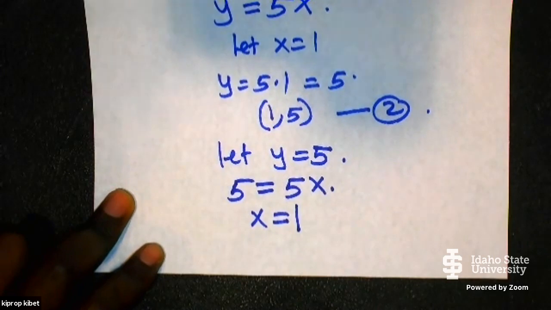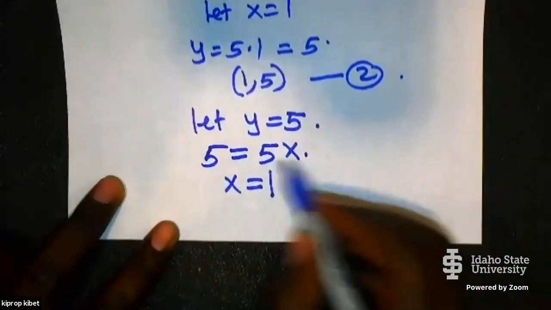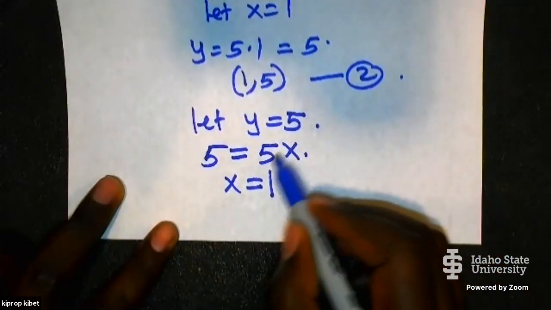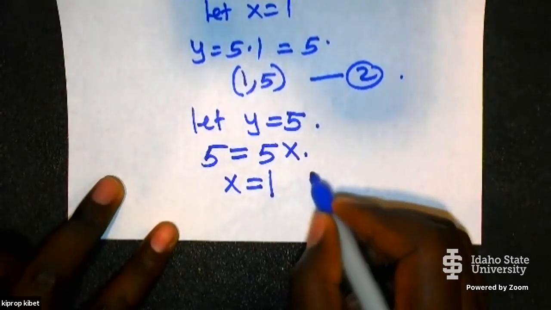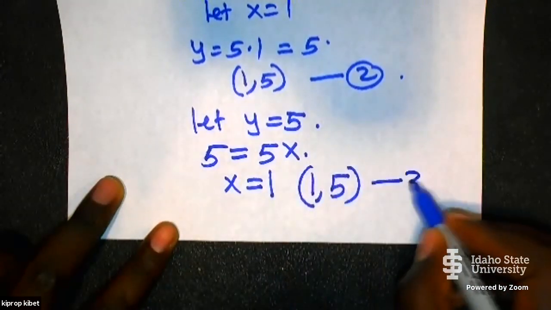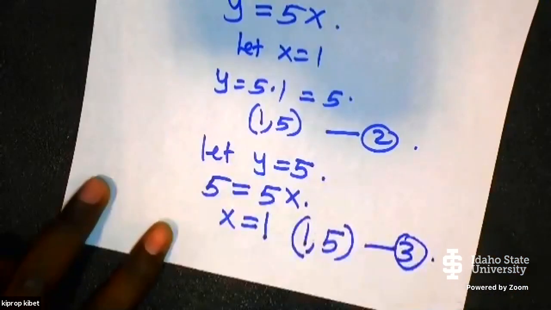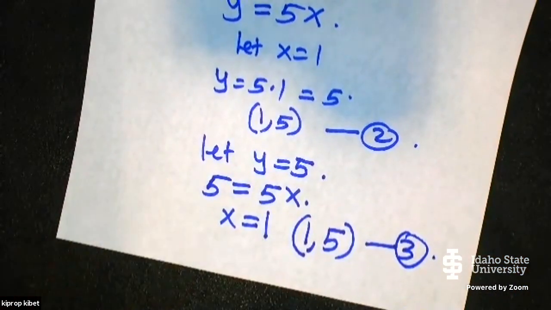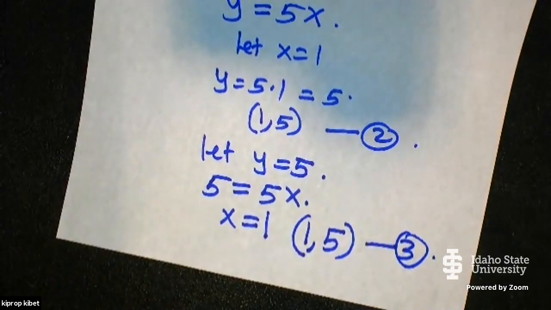Equals to 1. So third point here will now be 1 and then what? 5. So this is our third point. 1 and 5. Is it clear? Are we together?